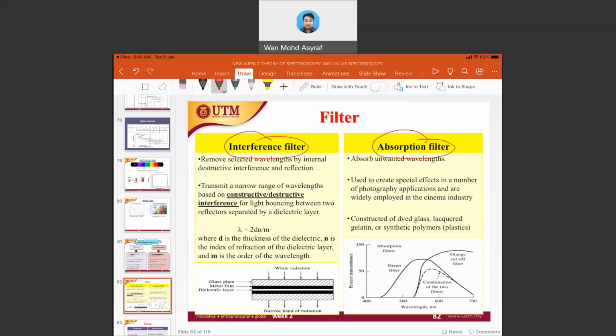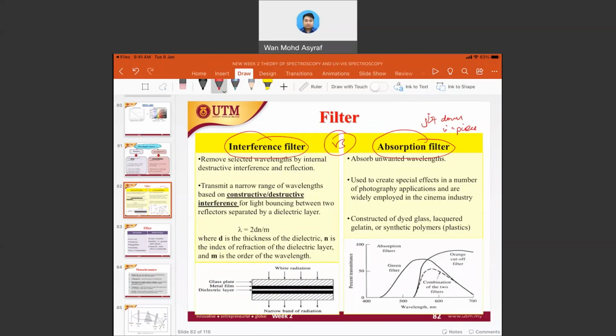Jot it down on a piece of paper, the same paper as your exercise before this, which is the difference between cyclohexane and benzene. It's okay. You can just upload in e-learning later on. I will leave it to you to differentiate between the filters.